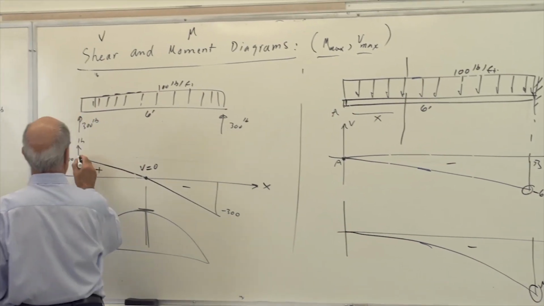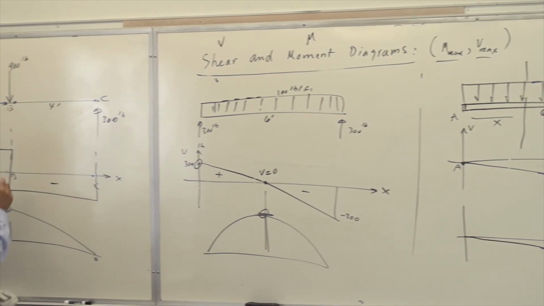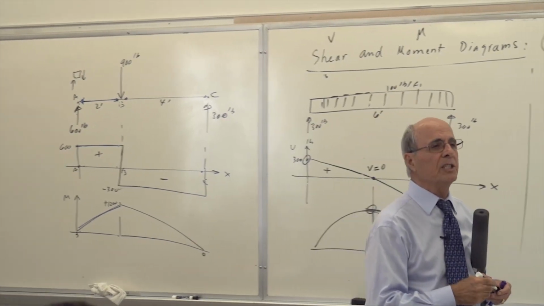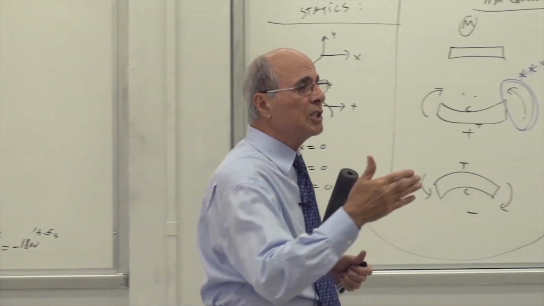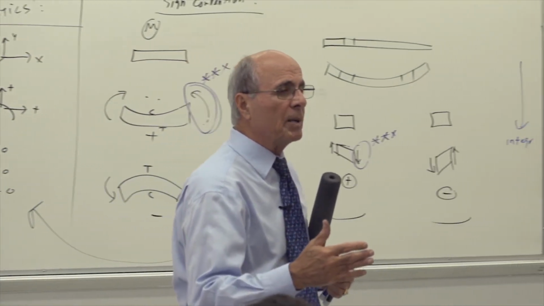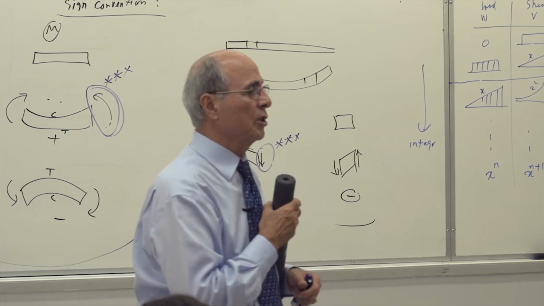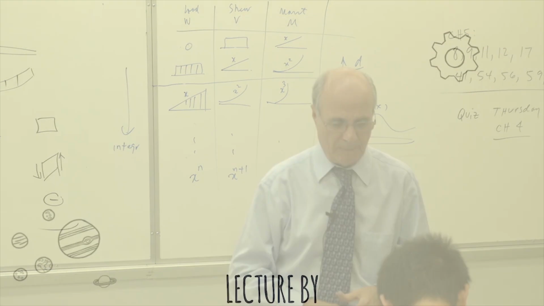Is that correct? And so on. So if you look at every problem, I end up with the highest value of the shear. Next time, Thursday, before the quiz, I'm going to do a series of more complex problems, and that's the end of it. So next week or over the weekend, you have to work on this one. But don't forget about your sign convention. Okay, good.